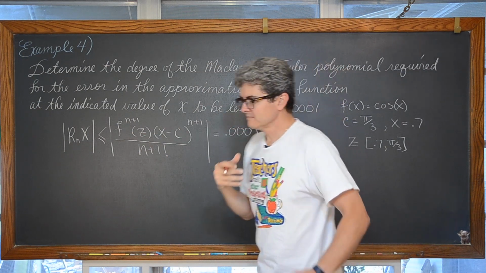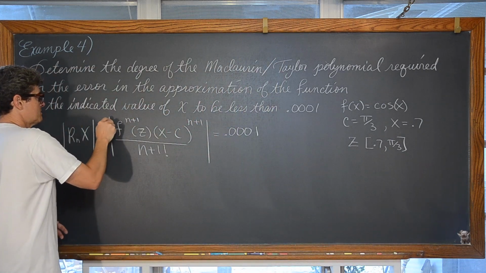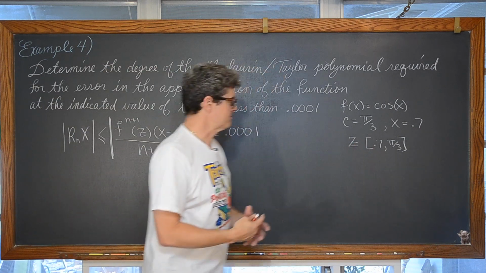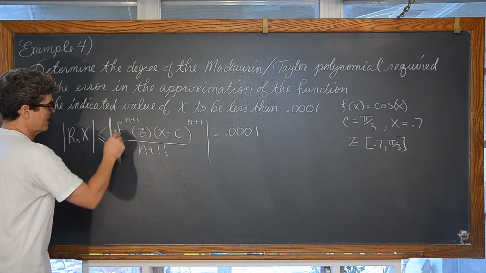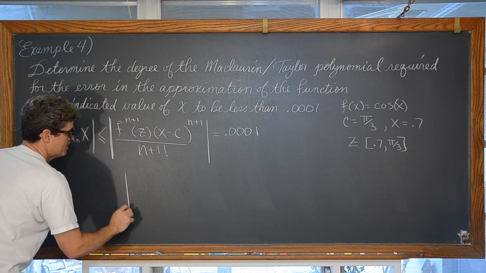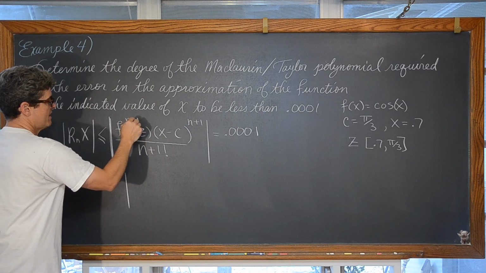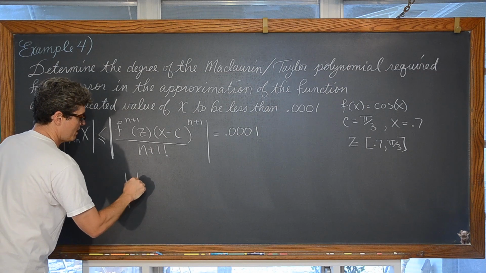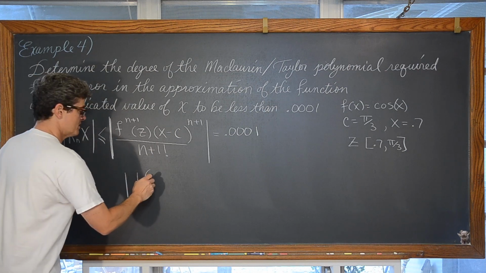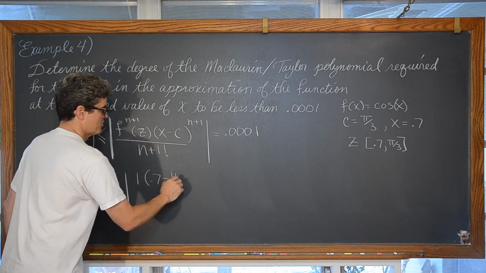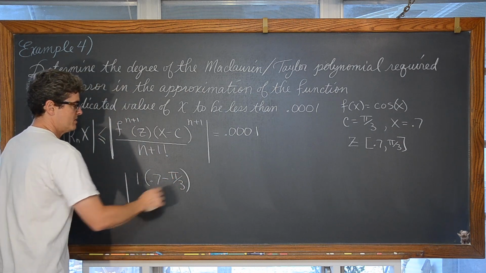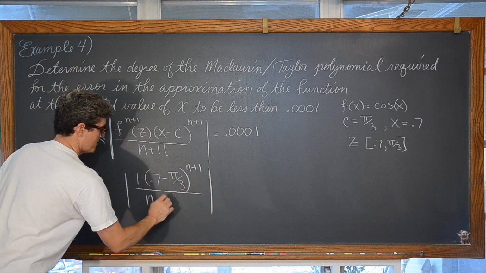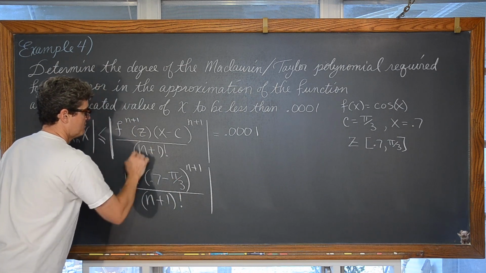Now, we're building this off of what I struggled with the most in the beginning, not so much because cosine or sine is so difficult, but where they got that one value and the maximized value. So, as footnoted in the previous board, this n plus 1 derivative of f of z we've accepted to be a maximum value of 1, times our x, which is again 0.7, minus our c of pi over 3, to the n plus 1 power over n plus 1 factorial.